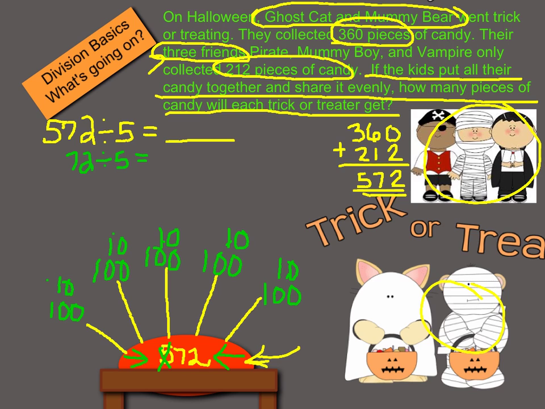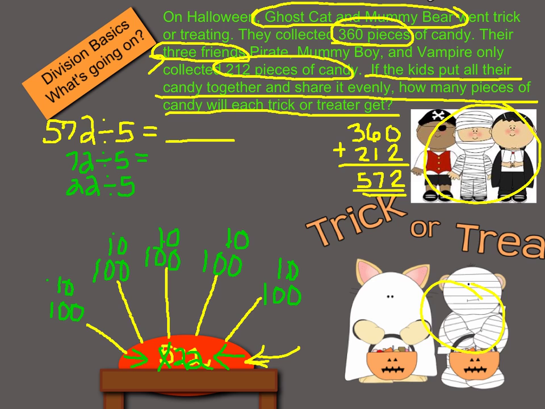So if everybody gets 10 more, that means I just gave away another 50 of this 72. That leaves me with 22 divided by 5, because 72 minus the 50 I just gave away leaves me with 22. So my little pile now has 22 pieces of candy.